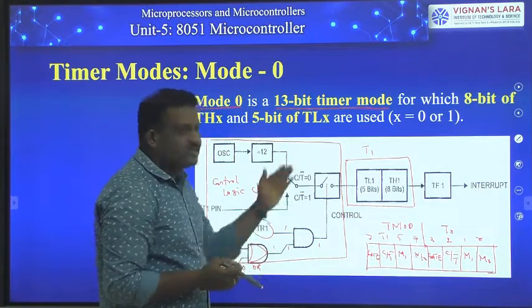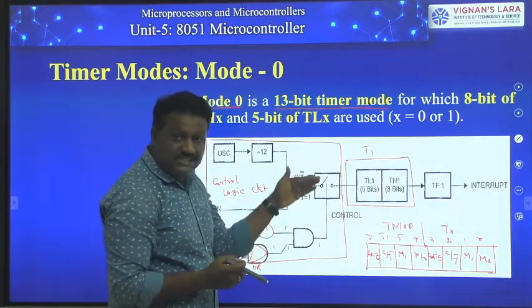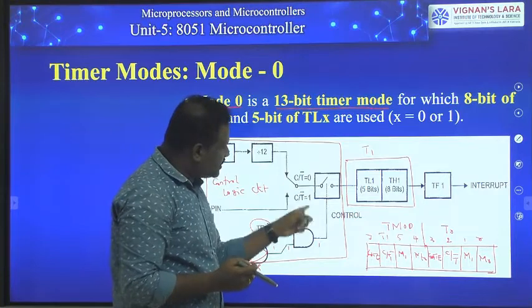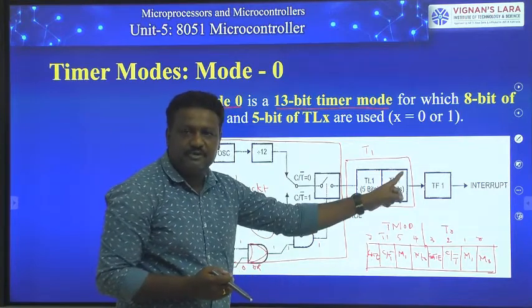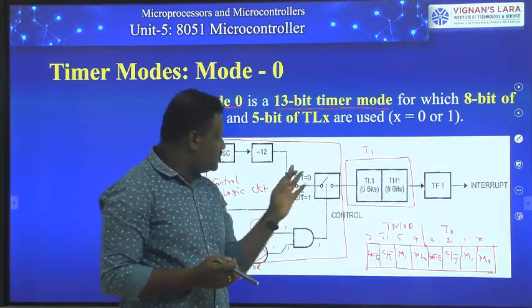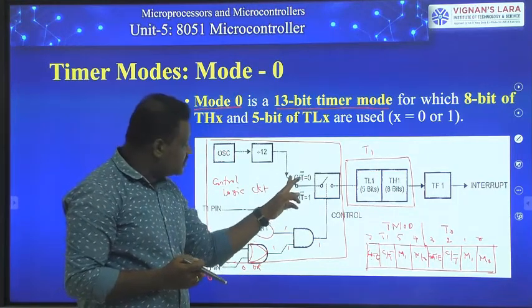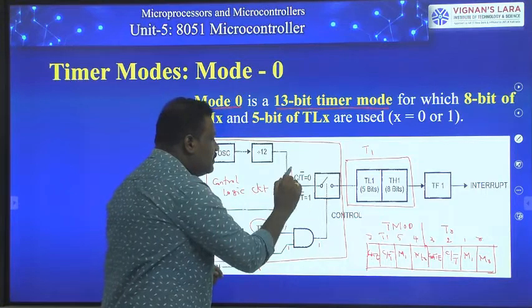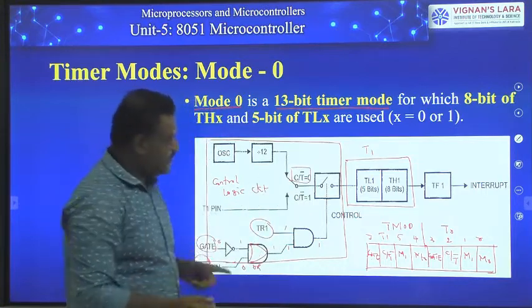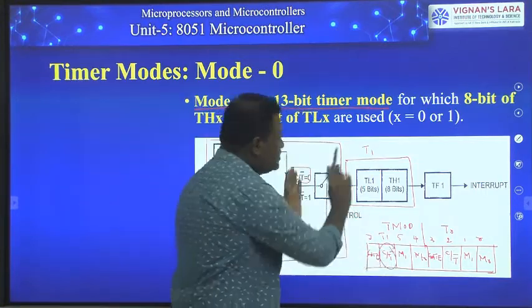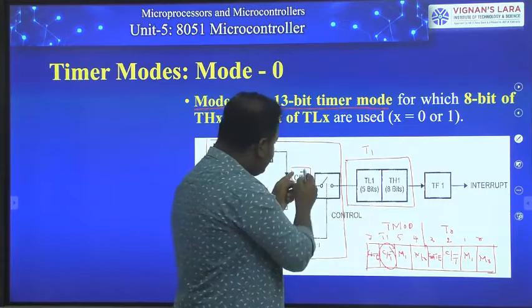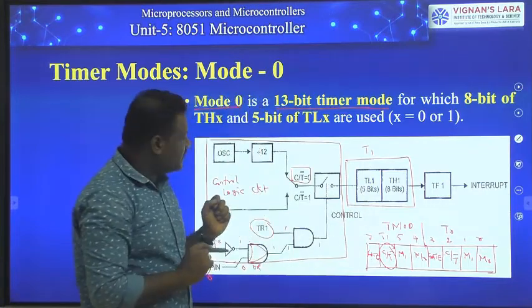This is the mechanism we use to close the second switch to deliver the clock pulses to the input of the timer stages. Another thing is that one more switch is present here. This switch is controlled by a bit called C/T bar. That is this. This is our timer 1 related circuit, where the bit is this C/T bar.